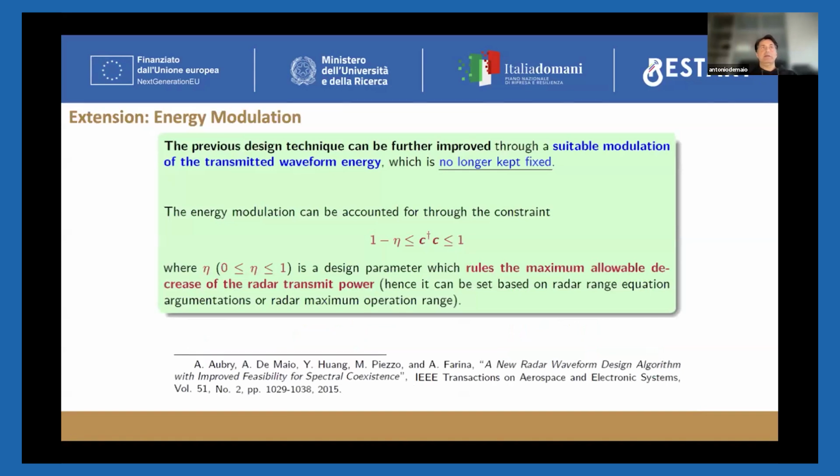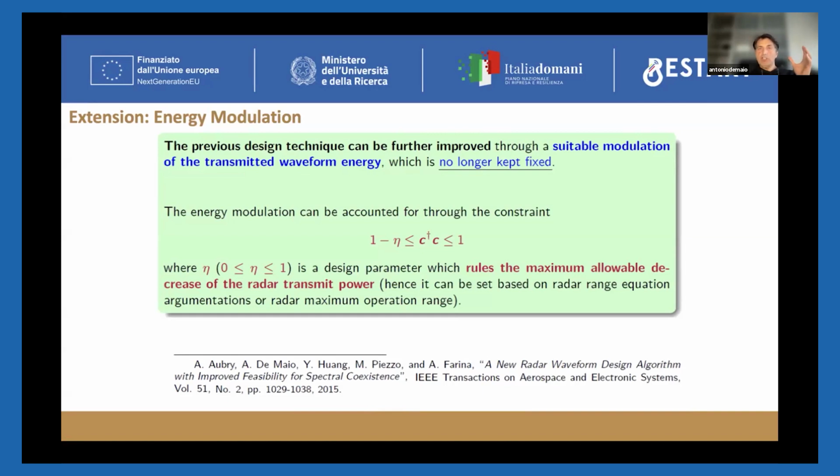Let us now discuss an extension of the framework. According to the previous formulation, the radar controller could be unable to deal with the design under the prescribed requirements when the desired operating pair lies outside the interference similarity achievable region. To overcome this problem, the previous design strategy can be improved, allowing a suitable modulation of the transmitted waveform energy, which is no longer kept fixed, but is another degree of freedom in our optimization.